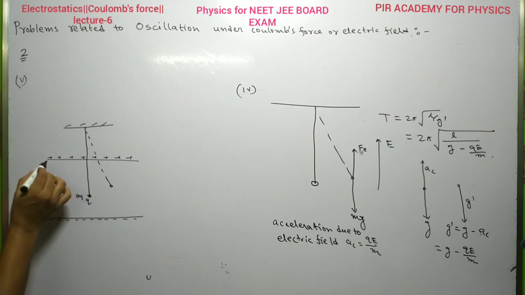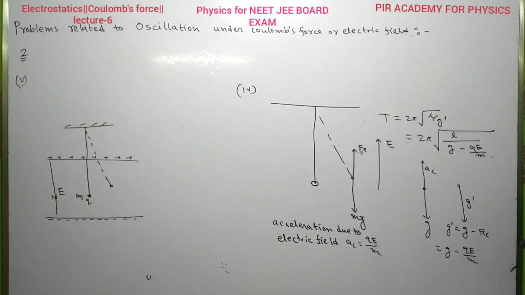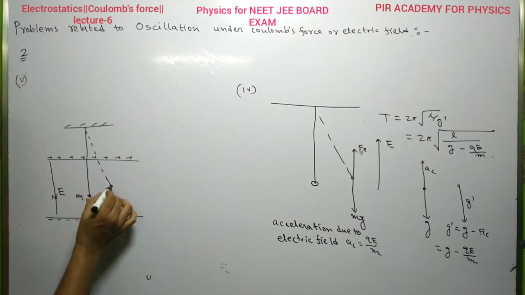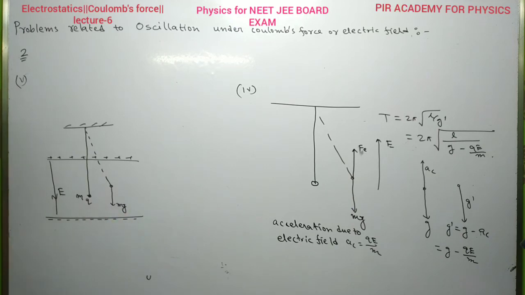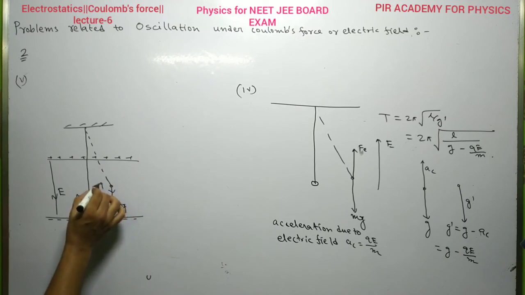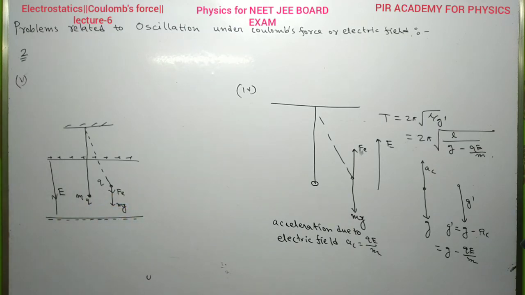So if this is plus and this is minus, then the electric field will be along this direction. For this condition, the force due to gravity will be along this direction, and due to the electric field, if the bob contains charge Q, the electric force will be along this direction.